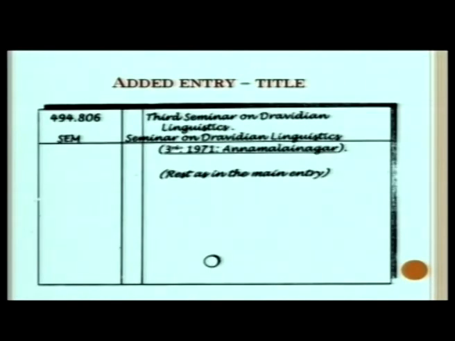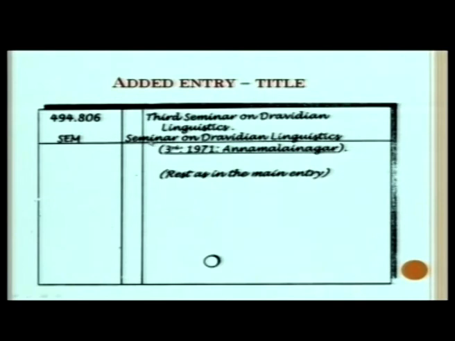So, the added entry for the title, as we have mentioned, the title also will have that. Here the title is Third Seminar on Dravidian Linguistics, and a Seminar on Dravidian Linguistics. When you say the title of the conference, the number will appear, but when you are writing this heading on the card in the leading section, the number third would not be part of this heading.